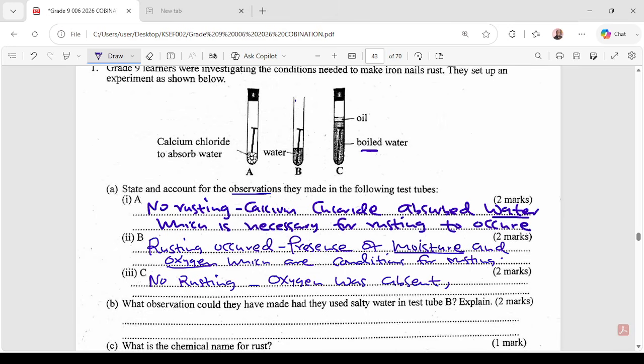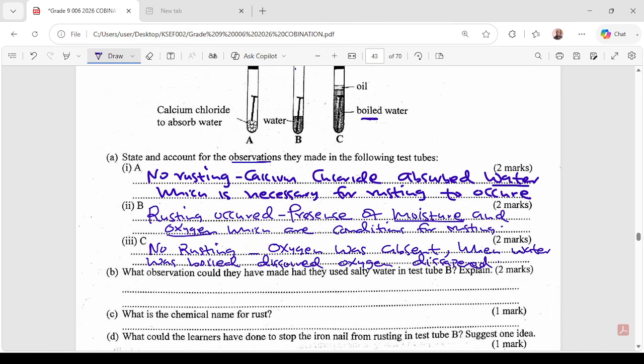When water was boiled, the dissolved oxygen disappeared. And when it disappeared, the nail cannot rust without oxygen.